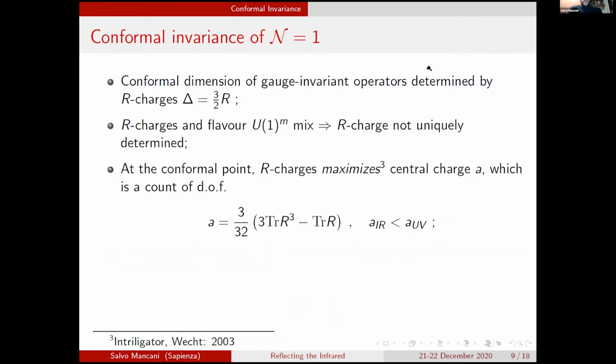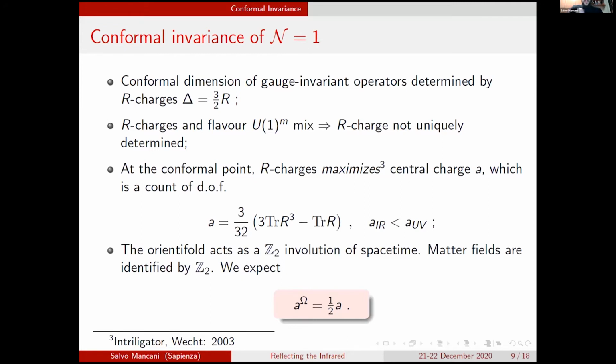But we also know that at the conformal point, the R charges are such that they maximize the a charge, this quantity here, which is, roughly speaking, a count of the degrees of freedom. So at the conformal point, these R charges are well defined. We also know that by the a-theorem, the a charge decreases towards the infrared.